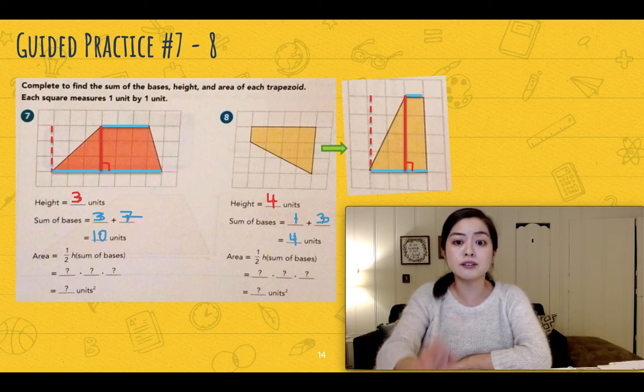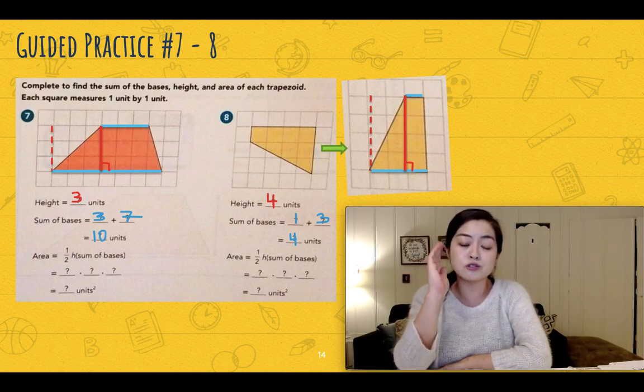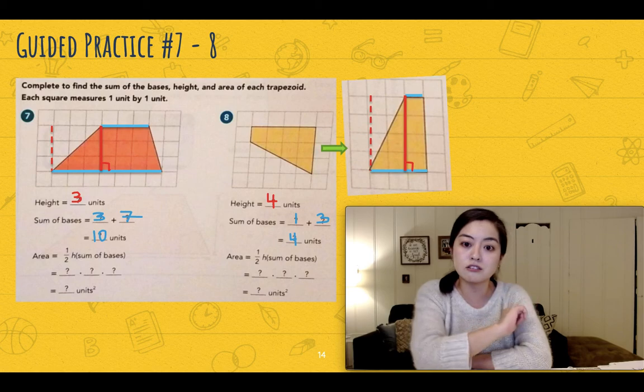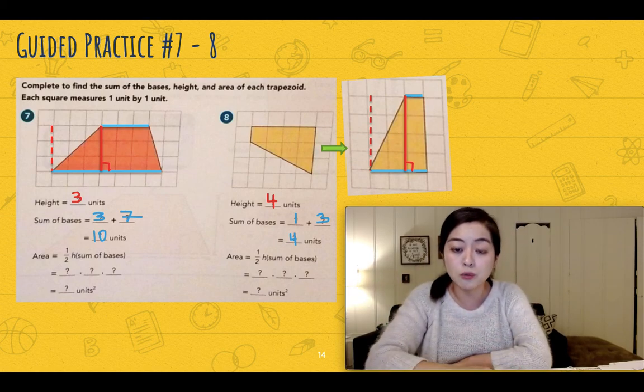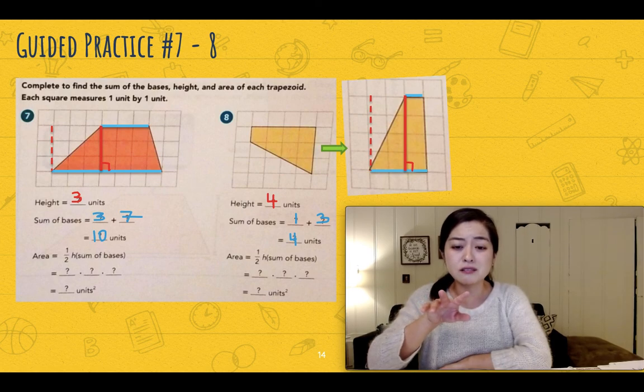Okay, so you can find it. If it's easier for you to draw it inside the trapezoid, do so. If it's easier to draw it on the side of the trapezoid, you can do both ways. Okay, both of those types of lines, the solid line and the dashed line, show you the corresponding height. So for number 7, the height is 3 units. For number 8, the height is 4 units.